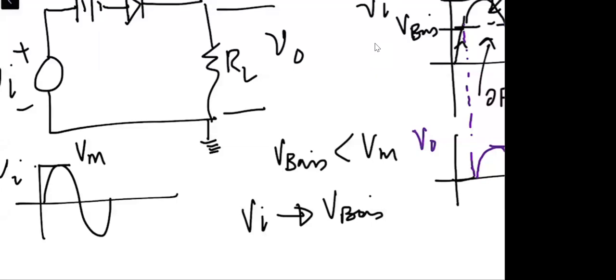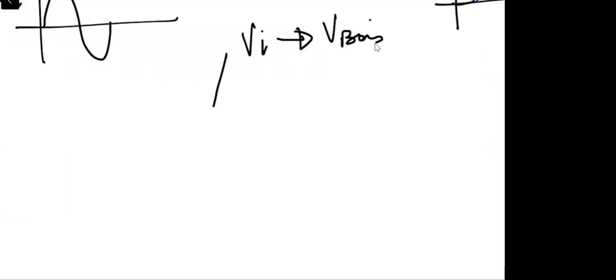So again, we can have different directions of the diode and different directions of the biasing potential, right? Let's suppose we change the direction. Let me just draw it.